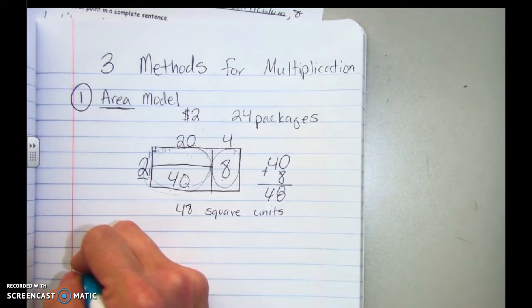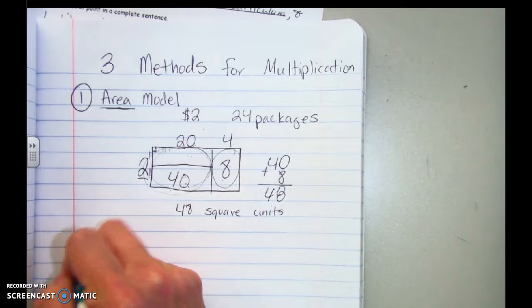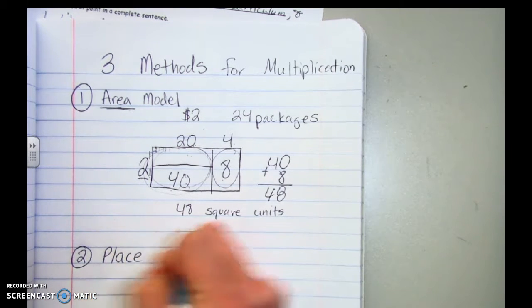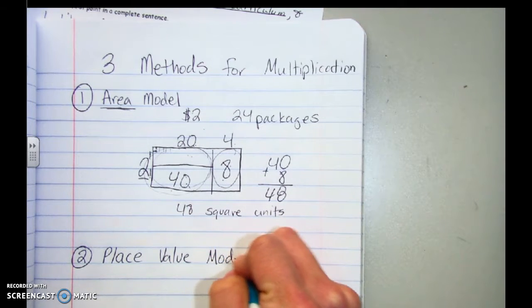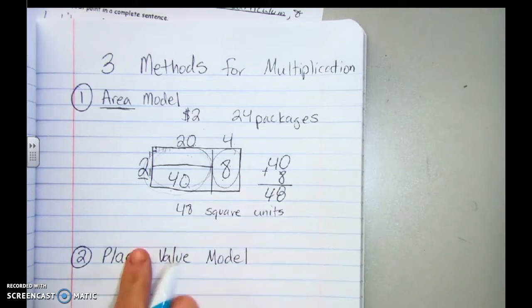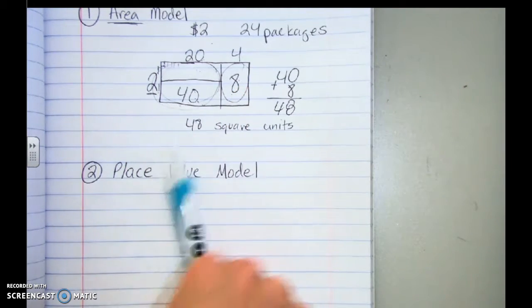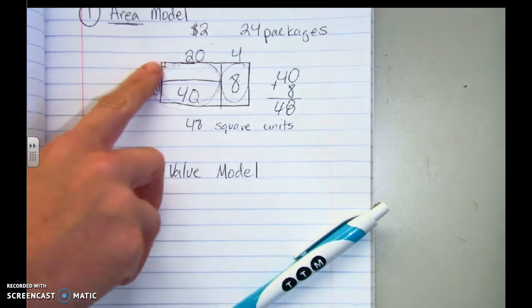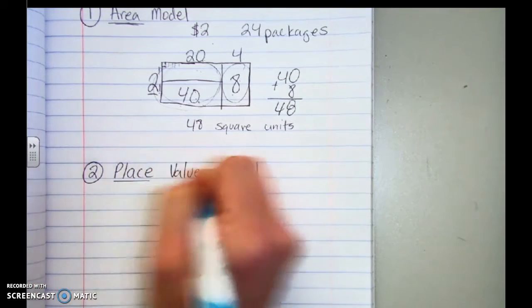The other model that we practice is called the place value model. What's the model? Place value model. Now, the only difference between these 2 models is that when I'm using the top model, I know that this is involving these little itty bitty squares, and this is focusing on what?